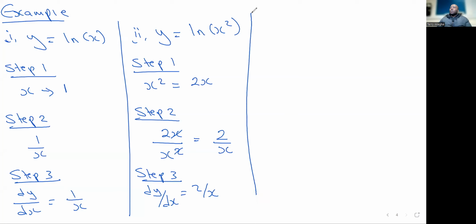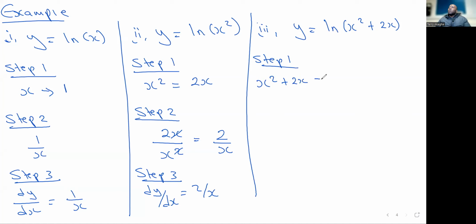Let's go to another one, number 3. Let's say we have y is equal to ln of x squared plus 2x, for instance, and we're told to differentiate this. Step 1, what is in the bracket is x squared plus 2x. When you differentiate this, it's going to give us 2x plus 2.